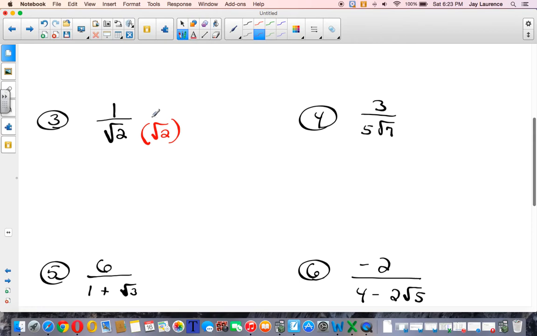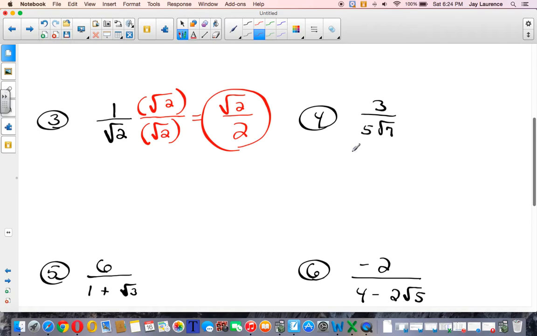All right, but if I do that, it changes the fraction. So I'll do it to the numerator as well, and then I'm only multiplying by 1, right? Rad 2 divided by rad 2 is 1, so I'm not changing the value of the fraction. So in my numerator, I'm going to get 1 rad 2, or just rad 2, and then rad 2 times rad 2 is 2, and there we go.